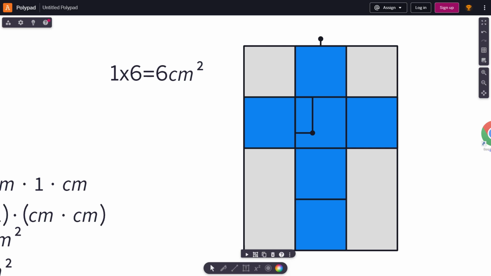Listen up. So, if we had 4 like we had before, it'll be 1, 2, 3, 4, 4 squares because it's 2 rows of 2.